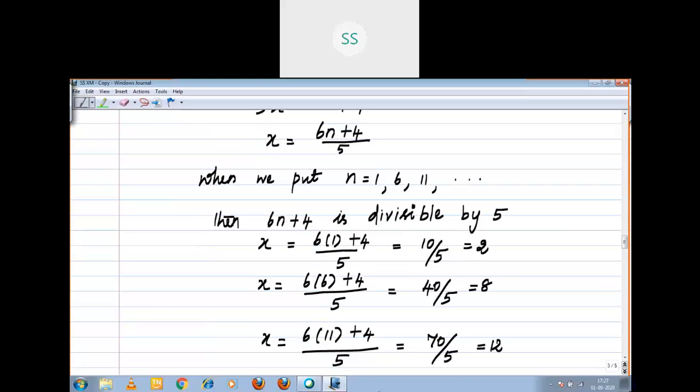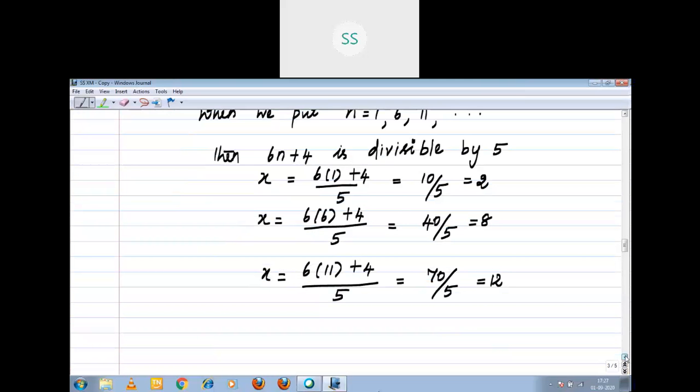Therefore, like that it is going on. Therefore, the solutions are 2, 8, 14, etc. Got it, children? How I am arriving at the result?